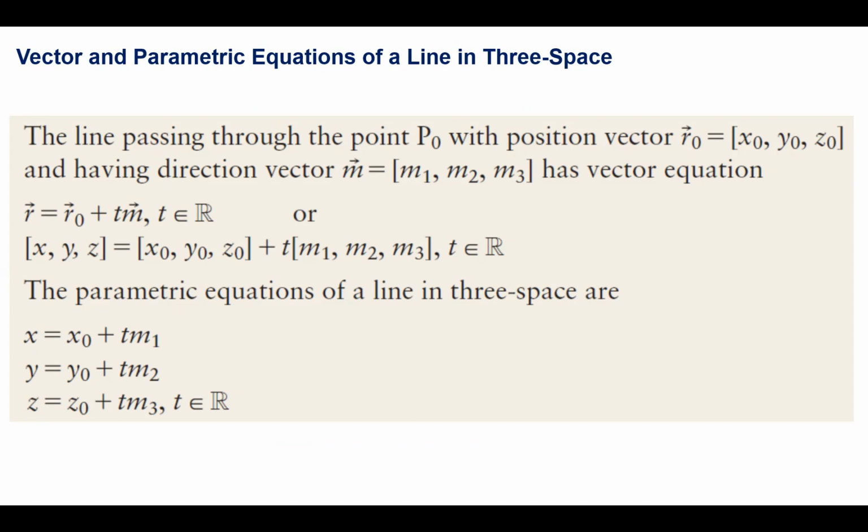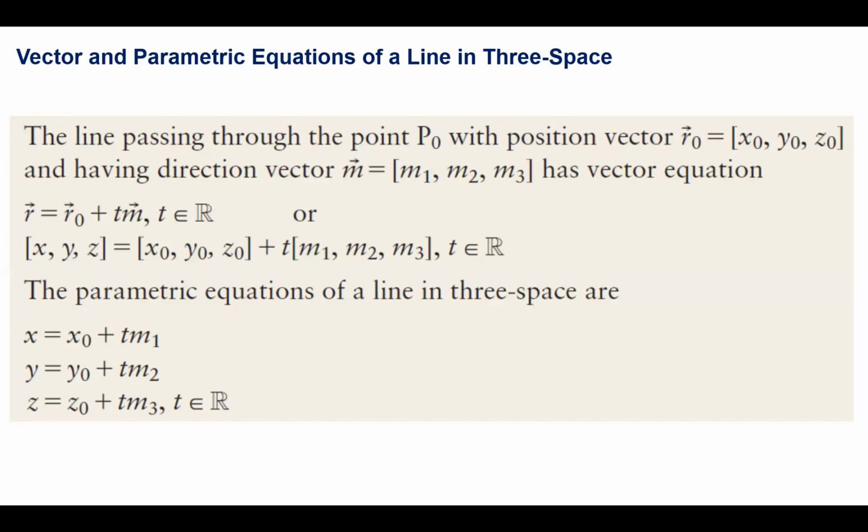The line passing through the point P naught with position vector r naught, whose components are x naught, y naught, z naught, and having direction vector m, whose components are m1, m2, m3, has vector equation like this: r = r naught + t times the vector m, where t belongs to the real number set.